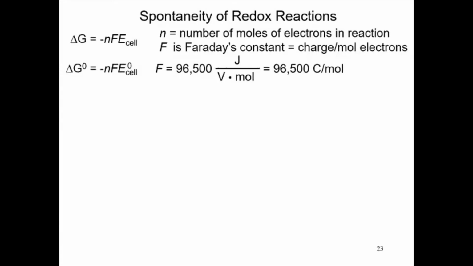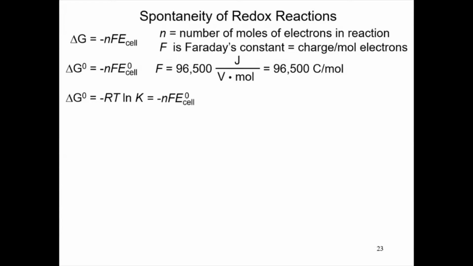In our previous unit, we derived an expression for delta G naught, the standard free energy change, in terms of the equilibrium constant: minus RT times the natural log of the equilibrium constant. And now we have a second expression where we're including the voltage of this cell.